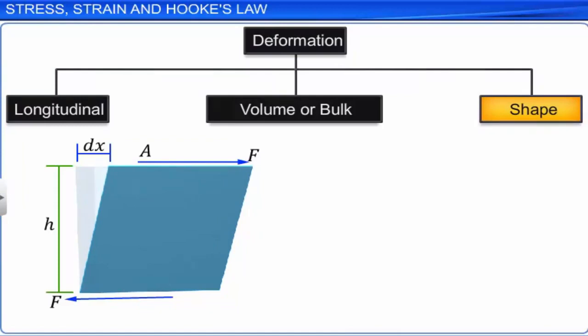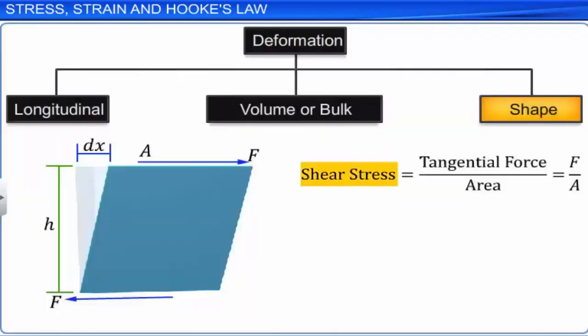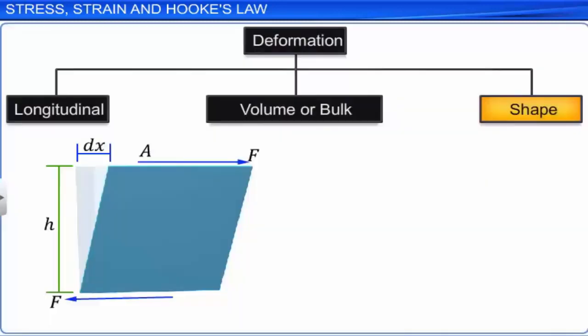If the vertical height between the two horizontal surfaces is h, then using the geometry of the right triangle, we get the trigonometric ratio tan gamma is equal to dx by h. For small angles, the value of tan gamma is nearly equal to gamma, and hence, for practical purposes, we consider gamma equal to dx by h. This gamma is the shear strain of the material of the body and is expressed in radian.